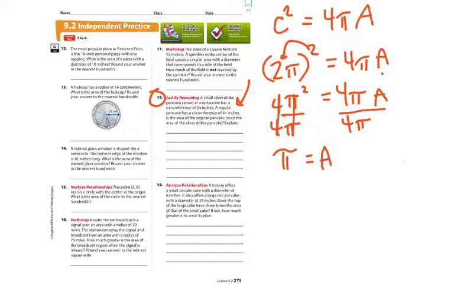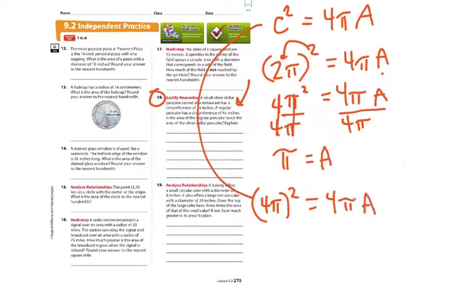The second pancake is 4 pi in circumference, so I'm going to plug it into the formula again. 4 pi squared, according to the formula, equals 4 pi times the area. I know that 4 pi squared equals 16 pi squared. Continuing the rest of the formula, I've got to divide by 4 pi on both sides in order to get area by itself.